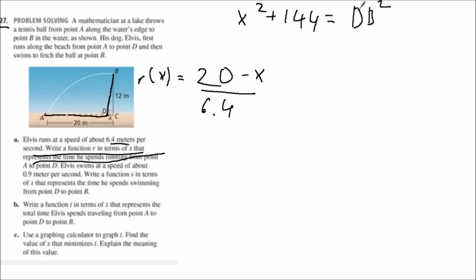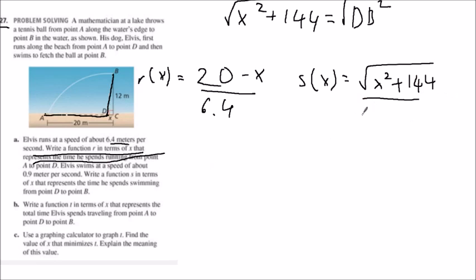So DB is the square root of x squared plus 144. S of x is equal to the square root of x squared plus 144, and then he swims at a speed of 0.9 meters per second, so divided by 0.9. Those are your two functions.